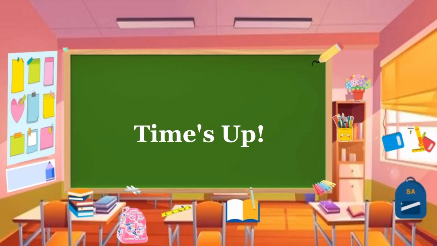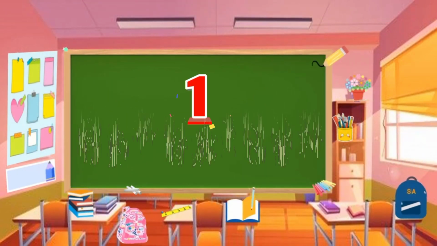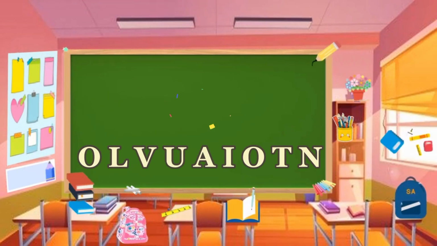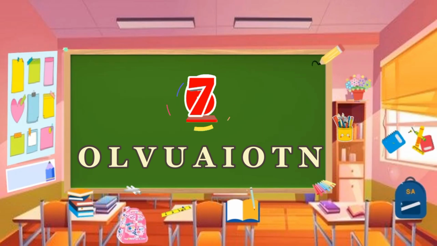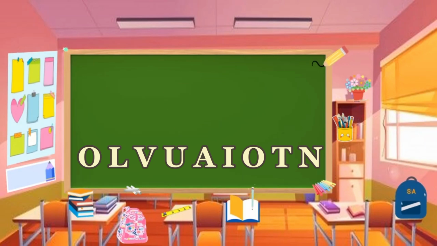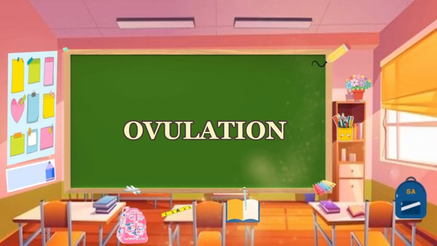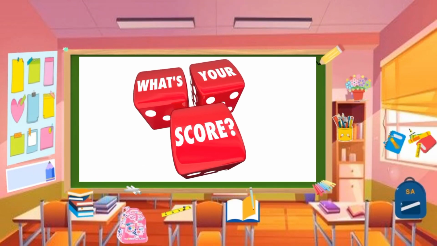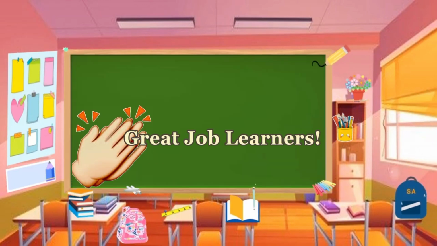The correct answer is uterus. And number 3. That's right. The answer is ovulation. Were you able to perfect our initial activity? Great job, learners! Keep on watching to learn more about our lesson.